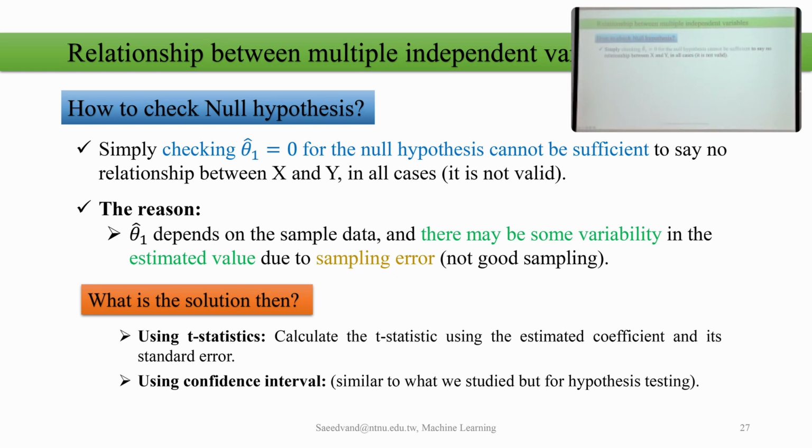So the note is that simply checking whether theta hat 1 is equal to 0 for a hypothesis test, as I mentioned, cannot be sufficient to say there is no relationship between x and y, although it is clear that we go away with the x. What's the reason? The reason is very nice. Maybe theta hat 1, the slope, depends on sample data, and there is some variability in the estimated value that can cause another relationship.